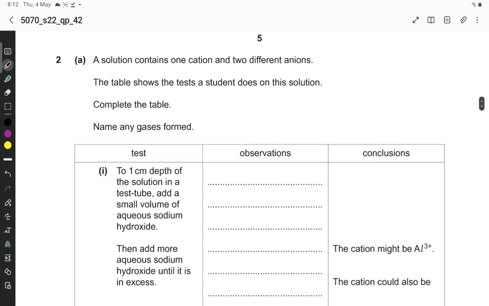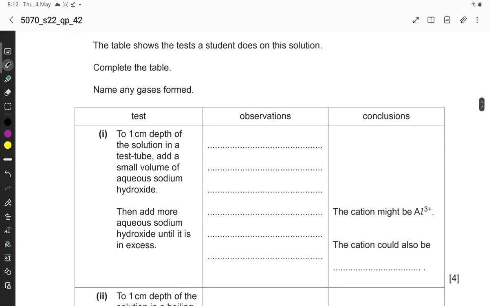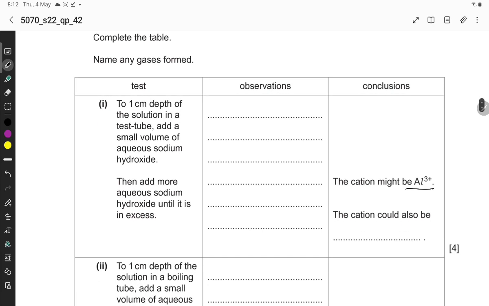A solution contains one cation and two different anions. The table shows the tests done on this solution. To 1 cm depth of solution in a test tube, add a small volume of aqueous sodium hydroxide. The cation might be aluminum 3 positive ion. With a small volume of aqueous sodium hydroxide, a white precipitate forms.